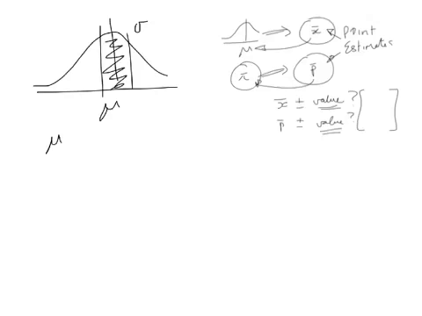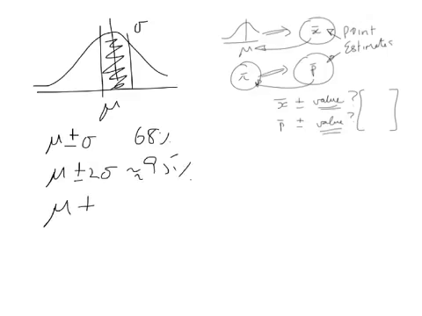So basically mu plus or minus sigma is about 68% of the values falling in that range. Mu plus or minus 2 sigma, about 95% falling in that range. And then mu plus or minus 3 sigma, about 99.75% falling in that range, just about everything.